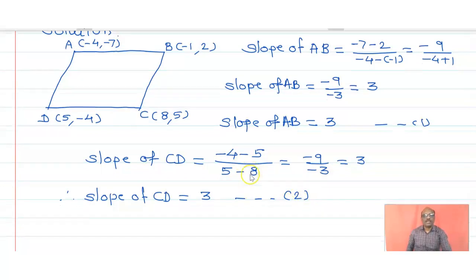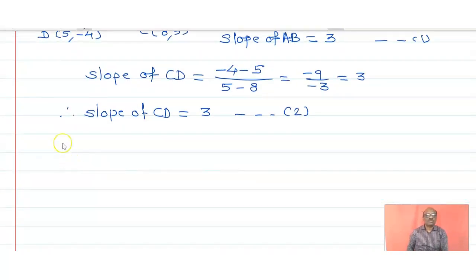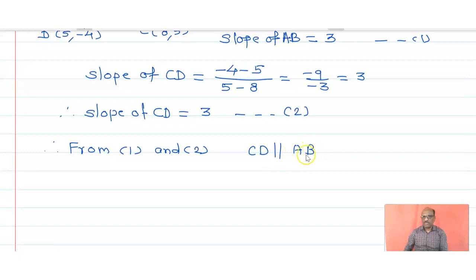Therefore, from 1 and 2, CD is parallel to AB because their slopes are equal.